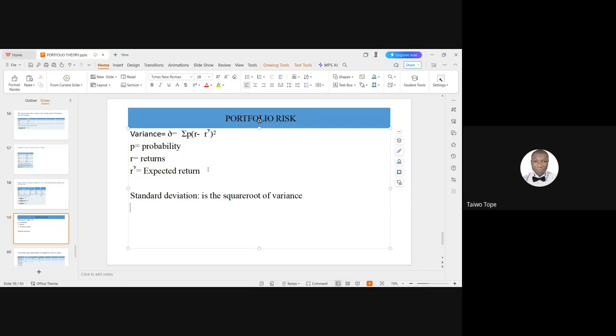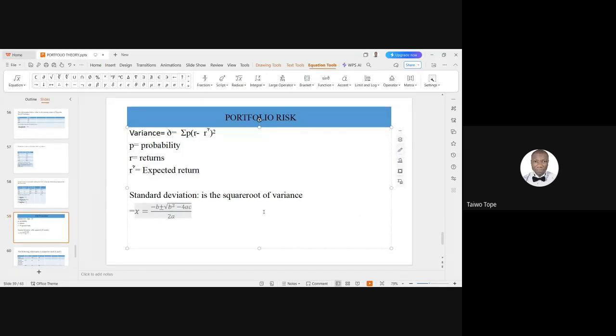So once you get your variance results, when you apply the square root on it, it gives you the standard deviation.